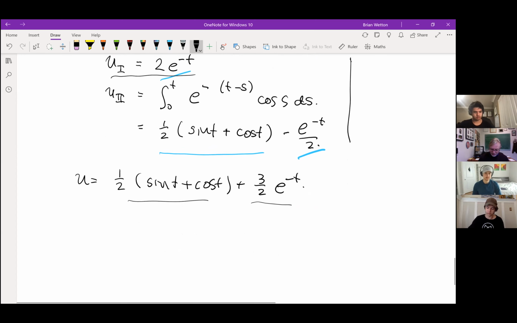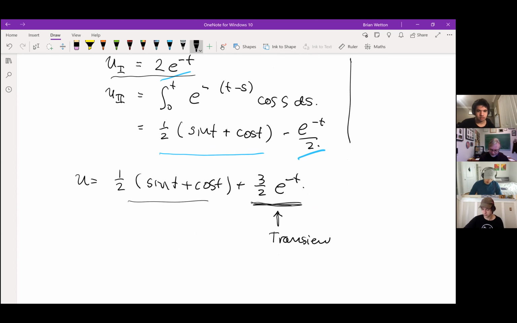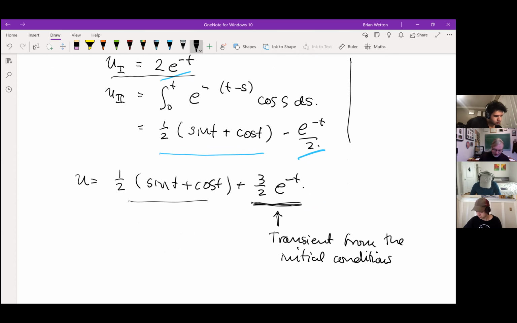So here is the influence of the initial conditions decaying exponentially. We could call this a transient.